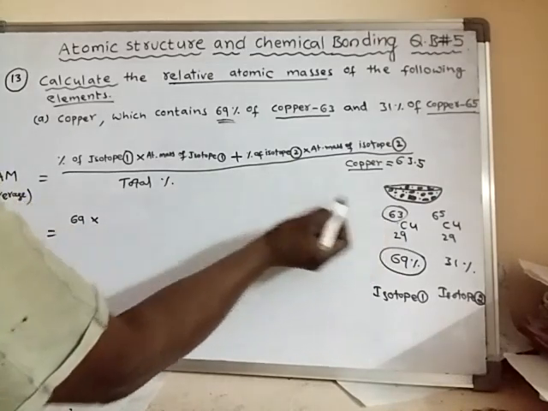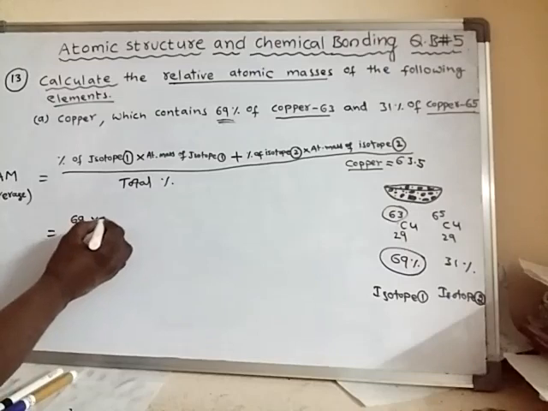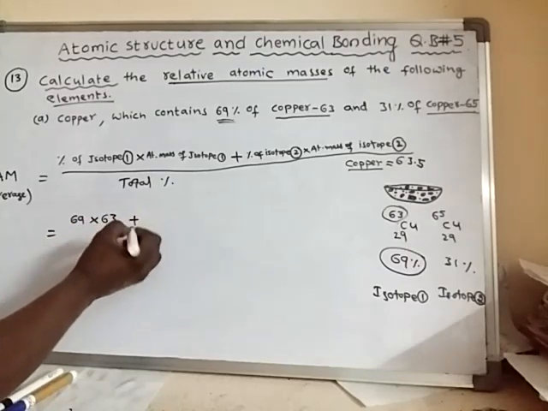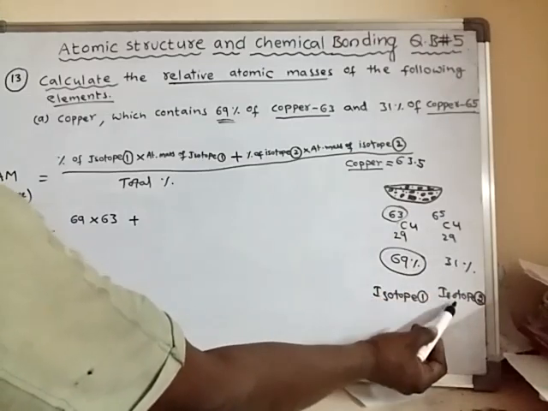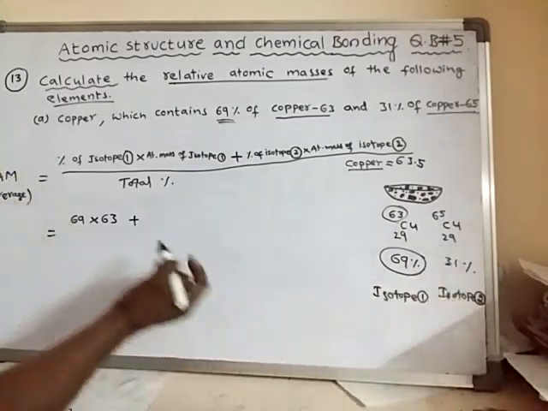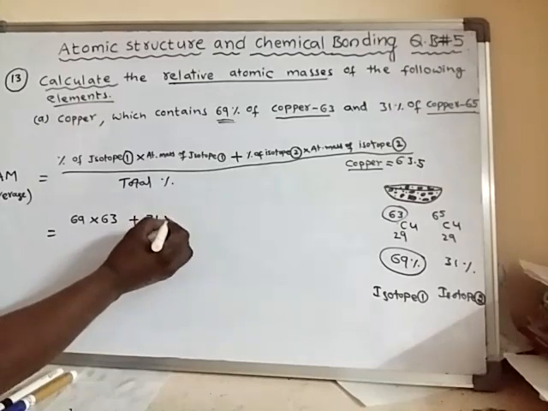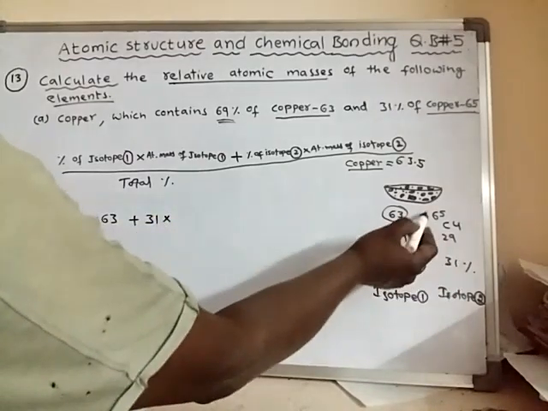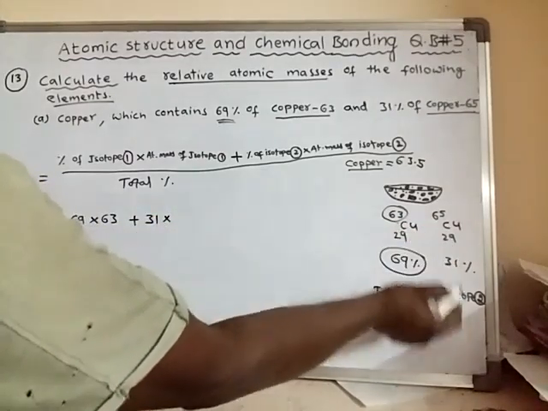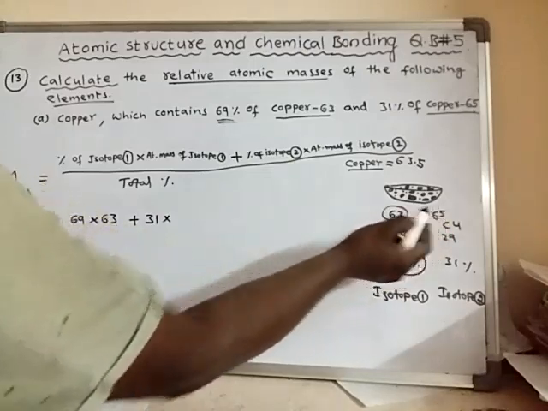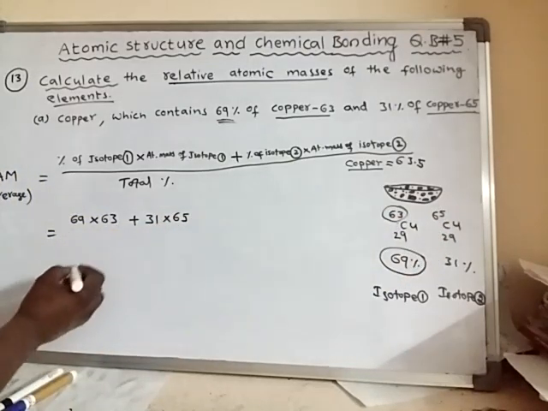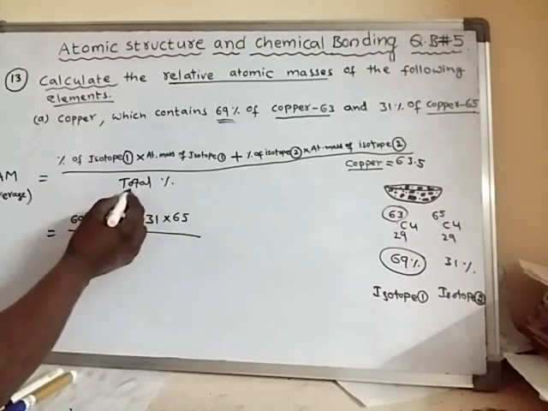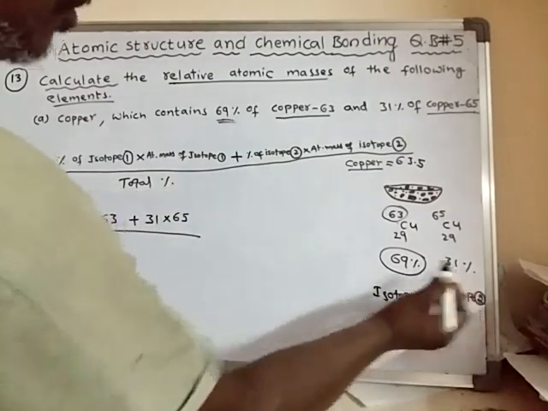So it is 63, plus the percentage of isotope 2, which is 31%, into the atomic mass of isotope 2, which is 65, divided by the total percentage. Total percentage means how much? It will be 100.